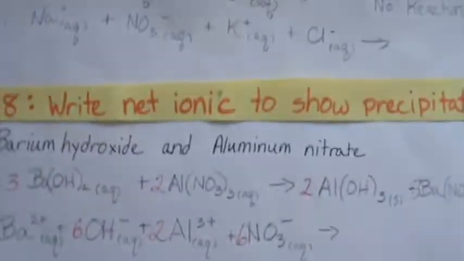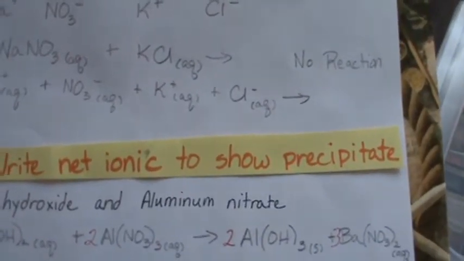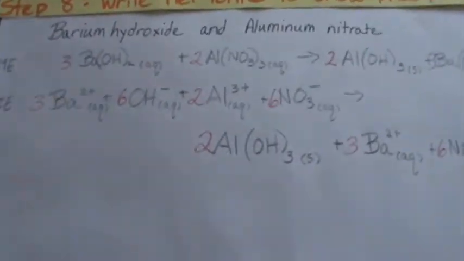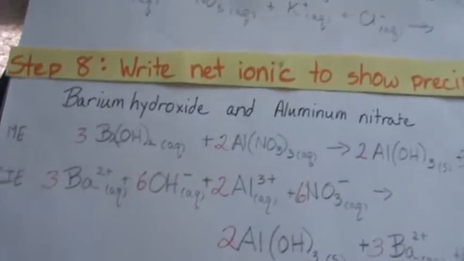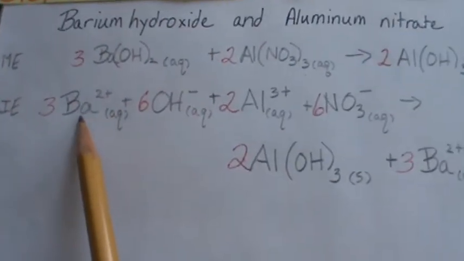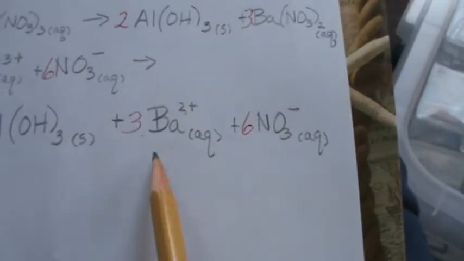My last step is always to write the net ionic equation to show the precipitate. And so what we are doing here is we are identifying our spectator ions and basically leaving them out of that last step. So here I have 3 barium ions, and here I have 3 barium ions.